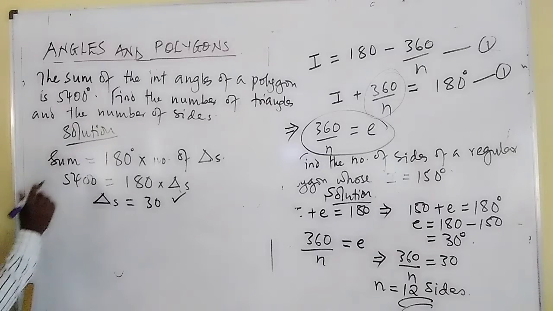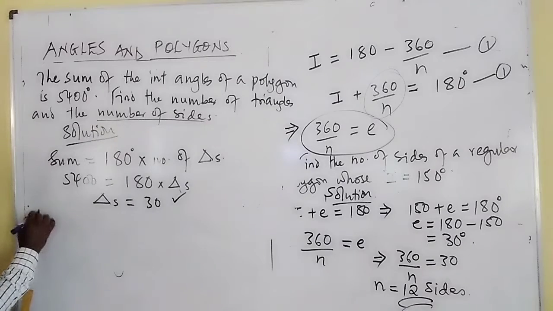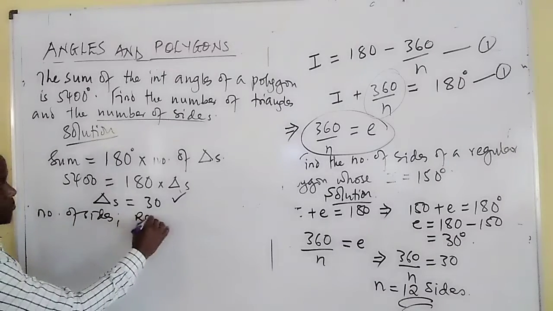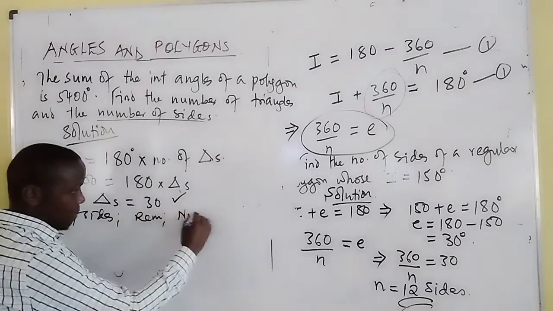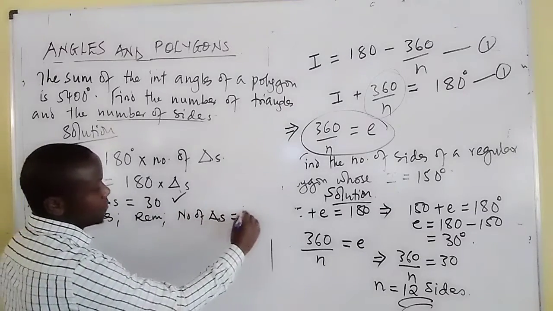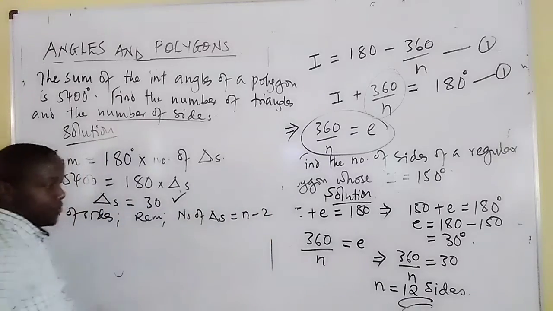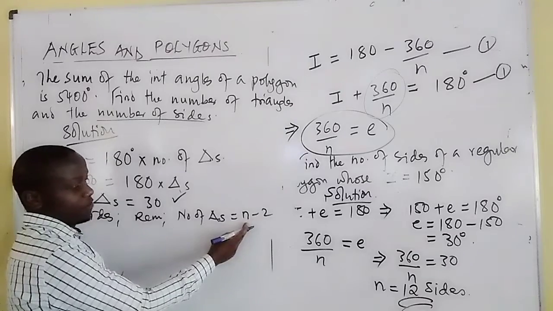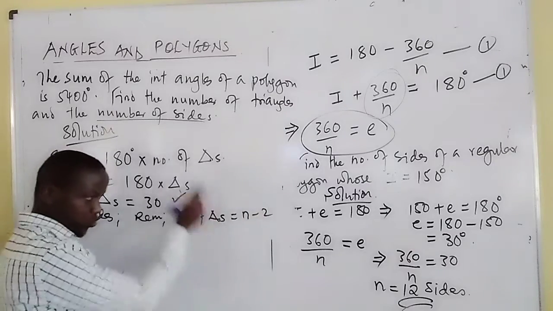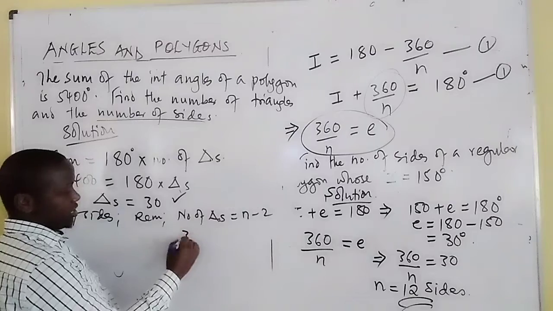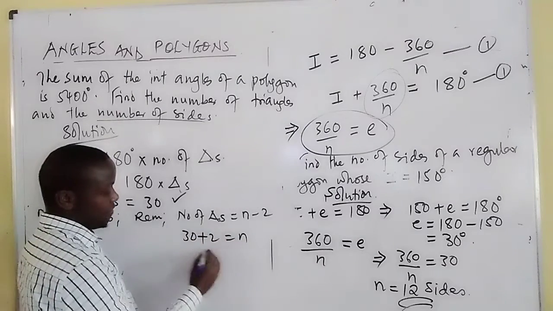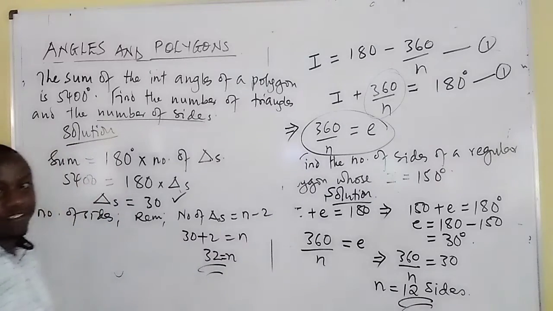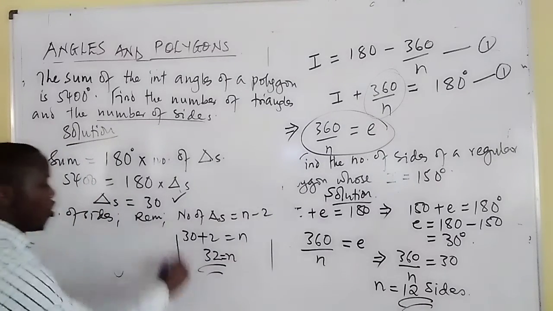The other is the number of sides. It's good to remember that we said the number of triangles is given by n minus 2. Therefore, to get n, which is the number of sides, we should add 2 to the triangles. So we take 30 plus 2. This will give us n. So 32 will be the number of sides.